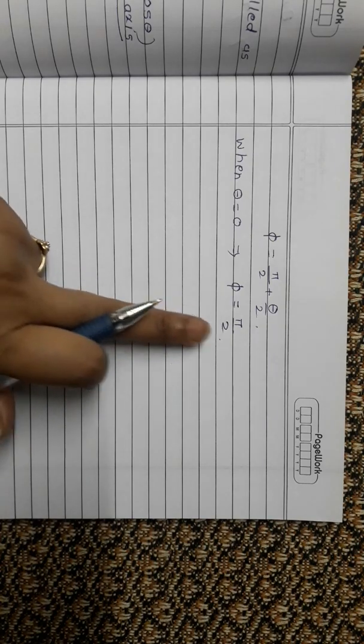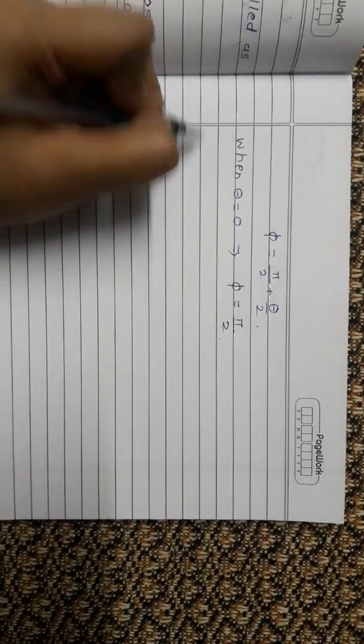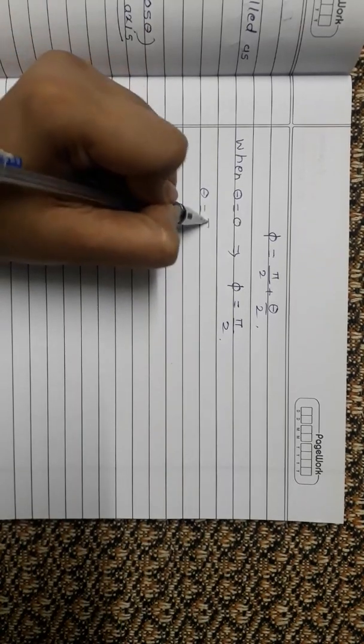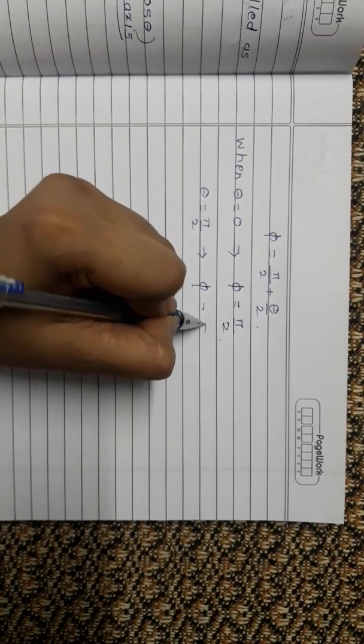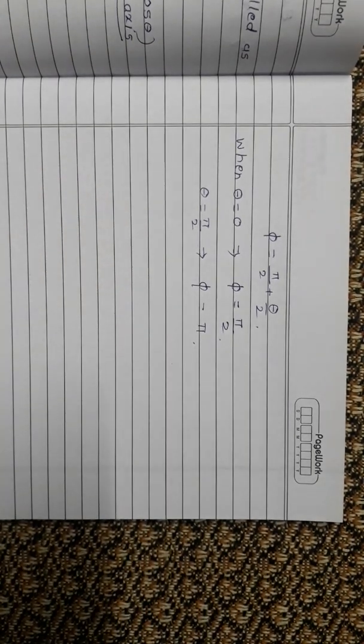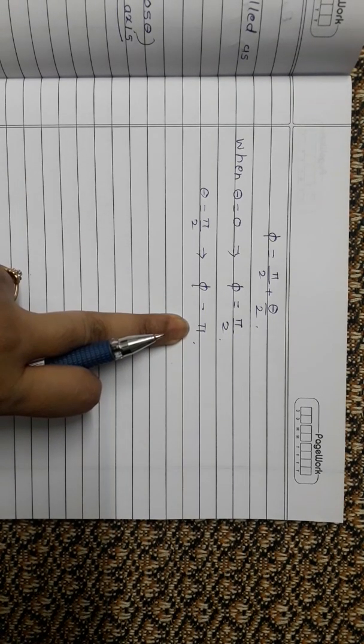Okay, it should make a pi by 2 angle with the initial line. Then when you substitute theta is equal to pi, what do you have? Phi is equal to just pi. So in that case, it is making angle 0 with the initial line. So the initial line itself will be the tangent, right?